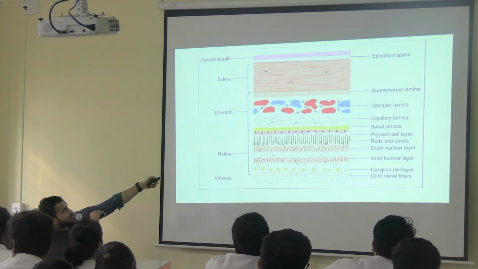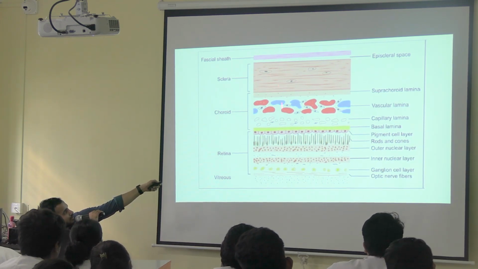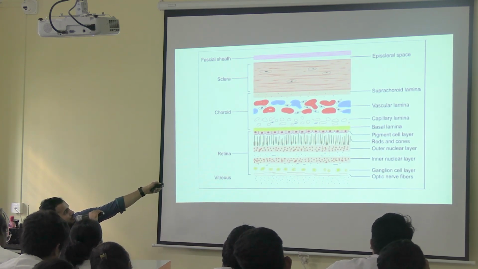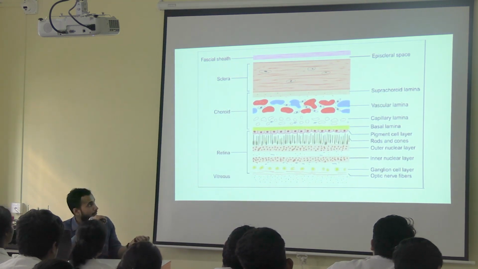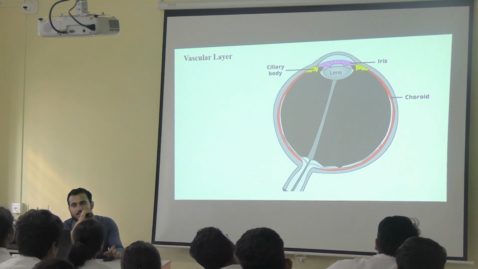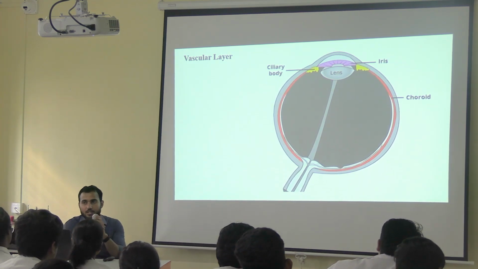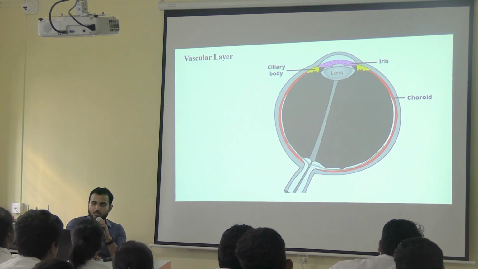Now, in this particular diagram, you can see the sclera is over. Now we are in the choroid. We will study this particular layer. Choroid is a part of which layer? The vascular layer. Here color codes are given so that you can see three parts of the vascular coat.